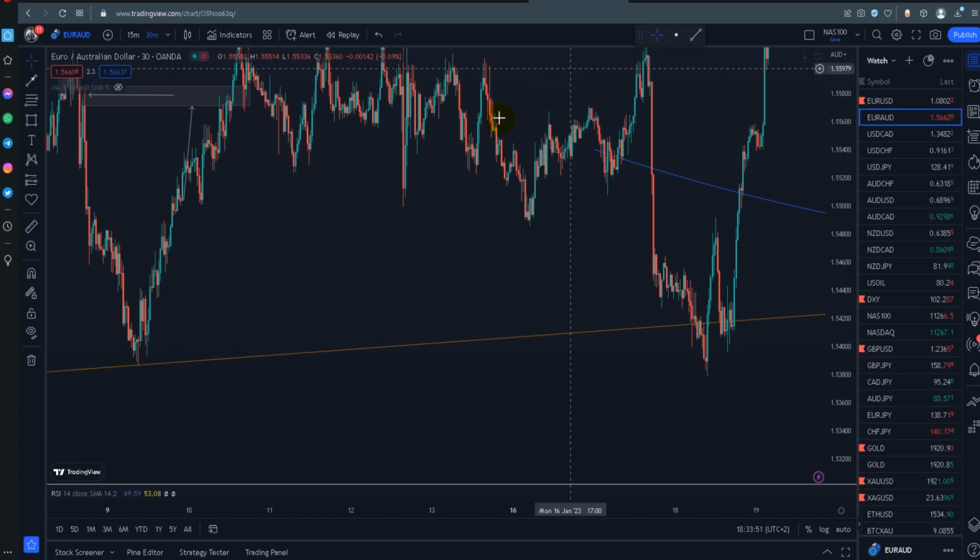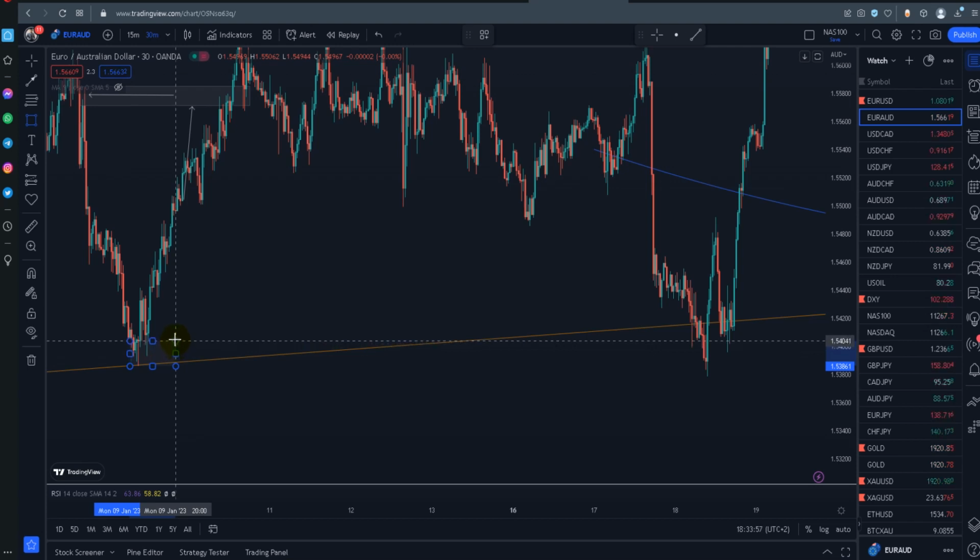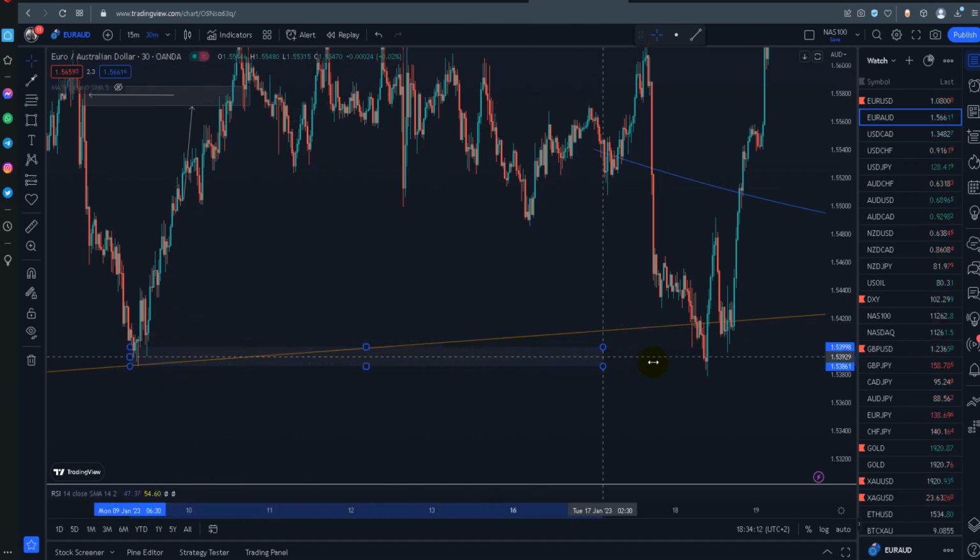You can use this method for any single candle wick. All you got to do is draw a block the size of the candle wick tail, right? The lowest candle wick tail is right there. Pull this all the way across the screen.